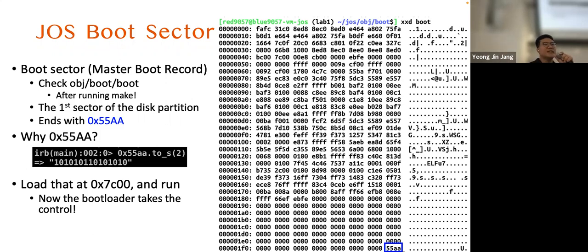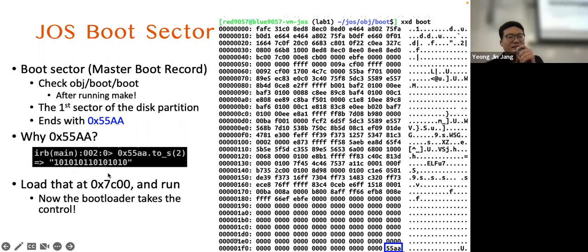If that happens, they would like to stop the boot, because if a bit flip happens in the middle of the boot sector, it may damage the machine. So they put this kind of alternating bit pattern for that. I'm not actually sure about that, but that is my conjecture.